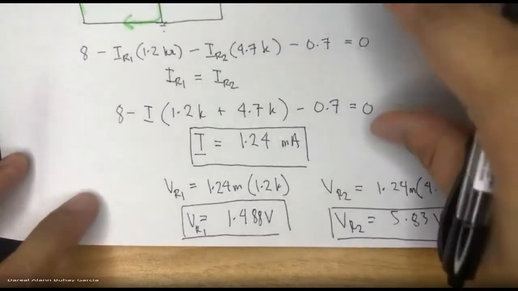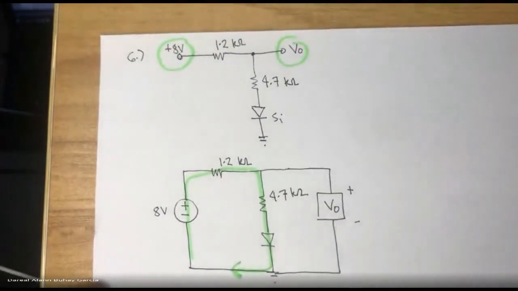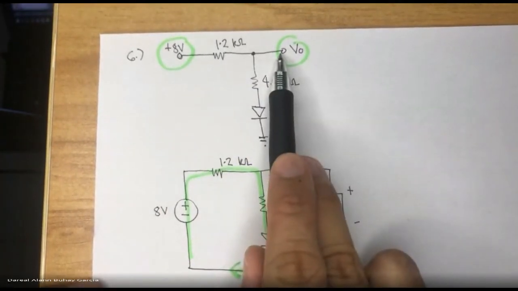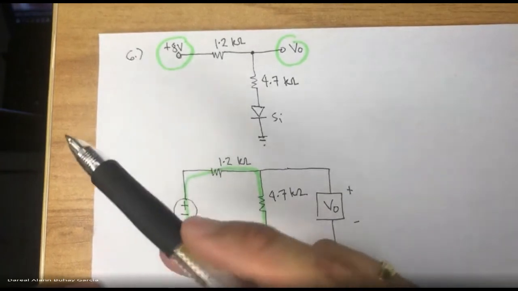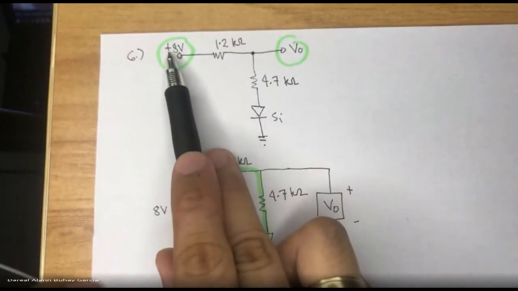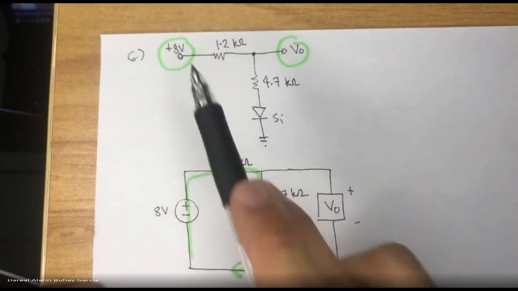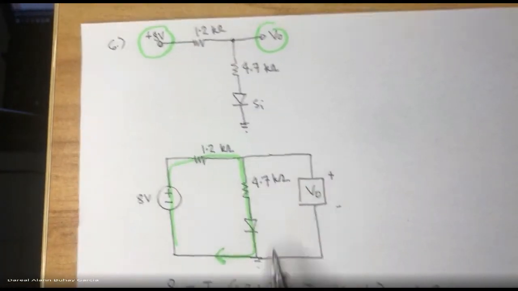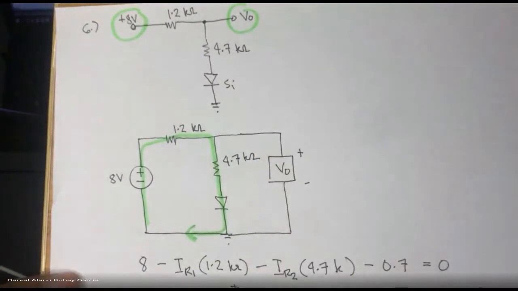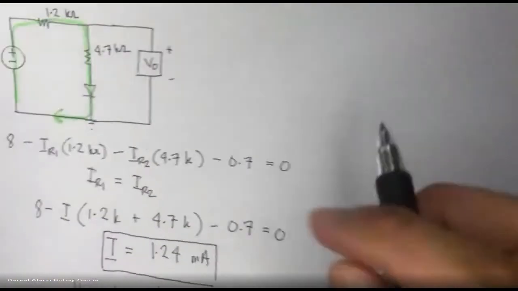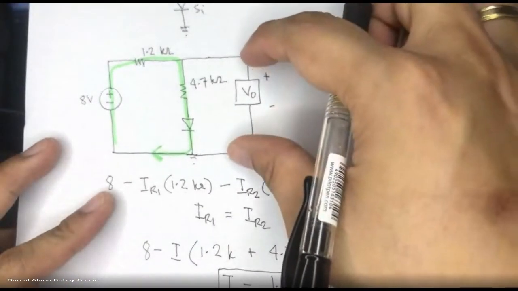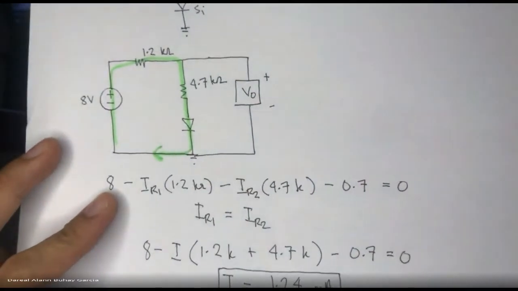So the purpose of that example is to introduce this notation. Whenever a terminal with that polarity is connected here, just like this one, and the other terminal is connected directly to ground, the same as our measuring tool. We need to solve for VO. How much is VO? How much voltage drop does VO see in this case?